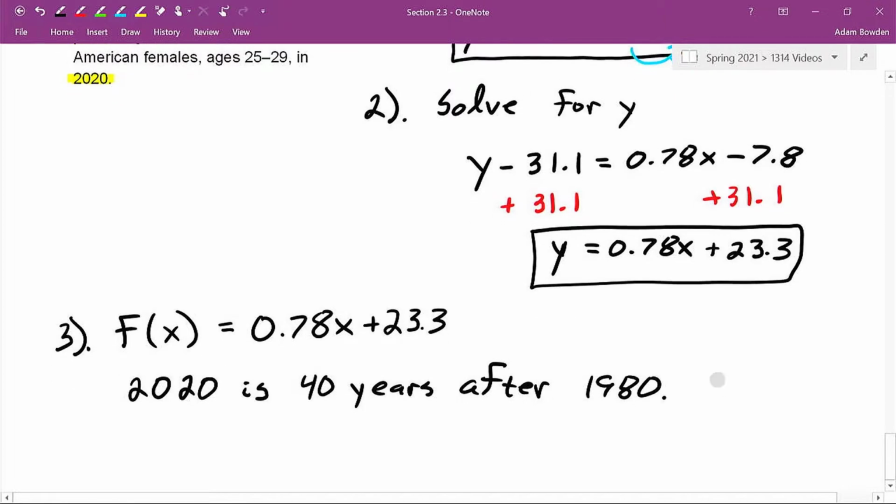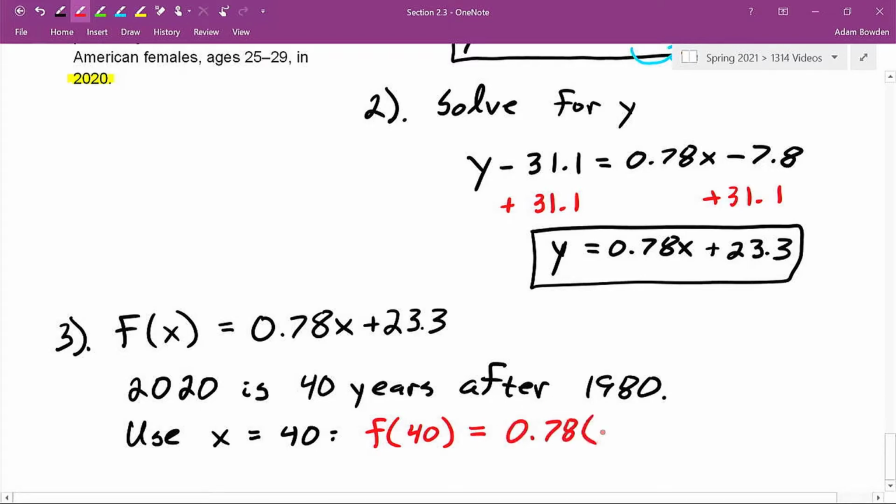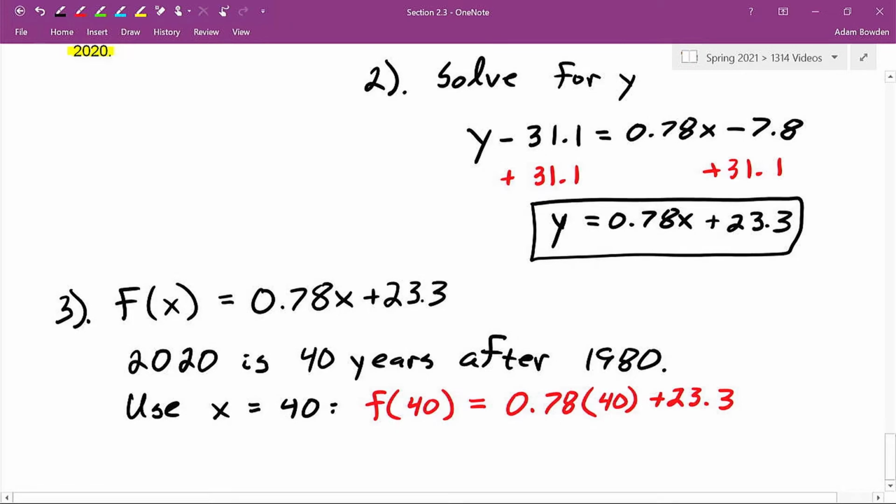So we're going to use that number for x equals 40. We substitute that in to calculate inside our function. We'll calculate f of 40, which is equal to 0.78 times 40 plus 23.3. Doing that calculation results in 54.5.